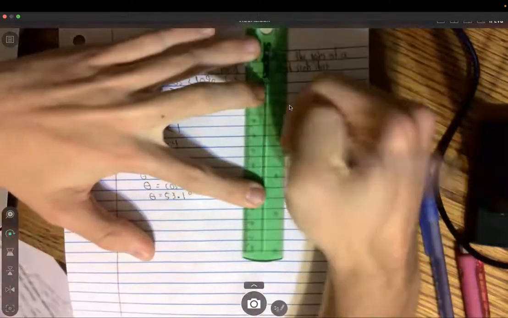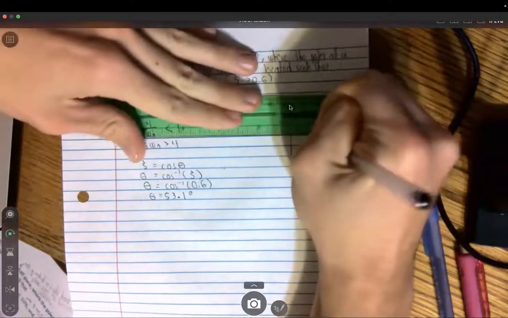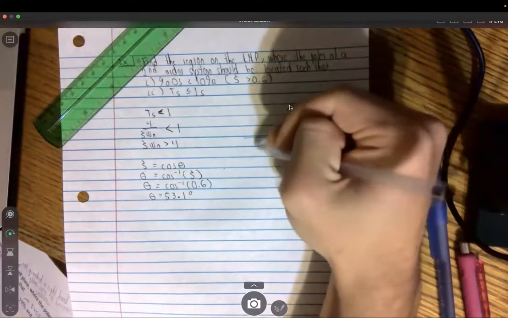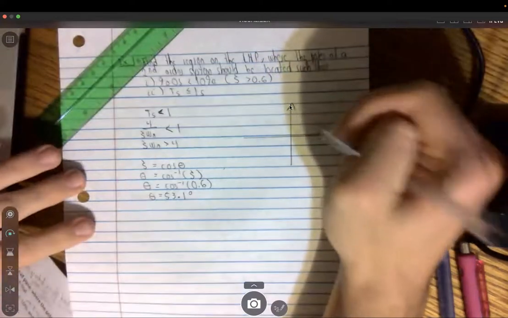Now looking at our plot here. We need to find the region on the left-hand plane, which is this region over here, nothing on the right-hand plane.